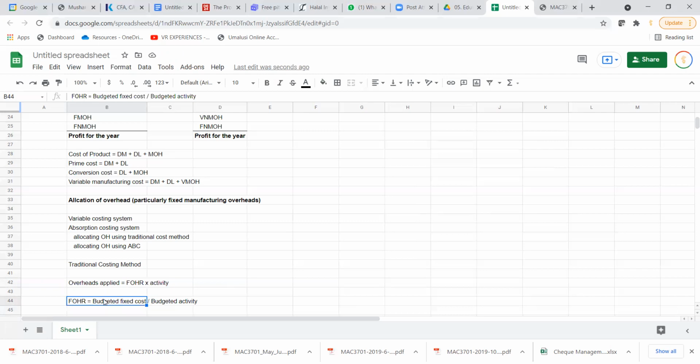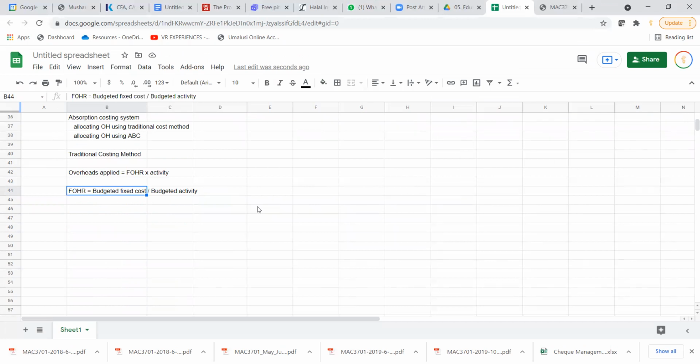So the question now is, what is activity? Activity is one of two things. Activity is that thing, or that base, that you use to allocate overheads.